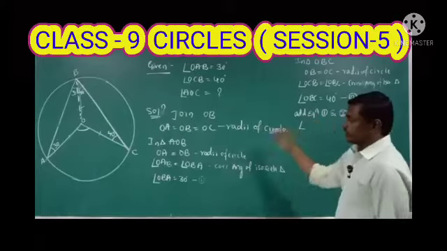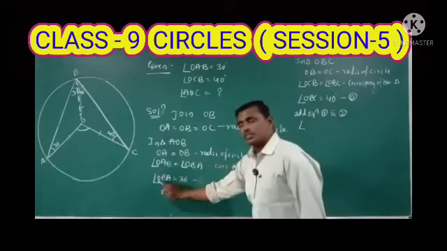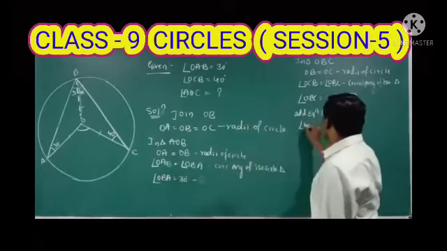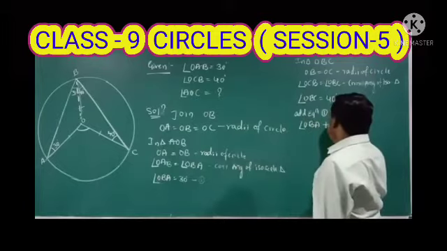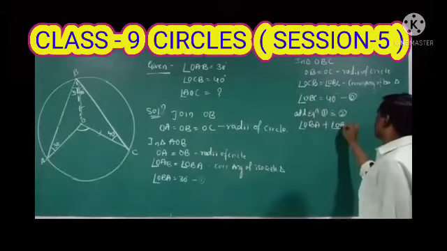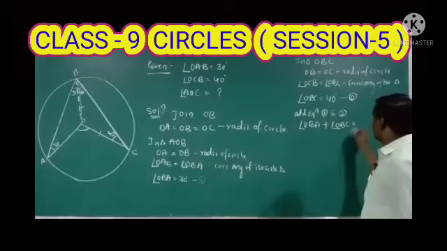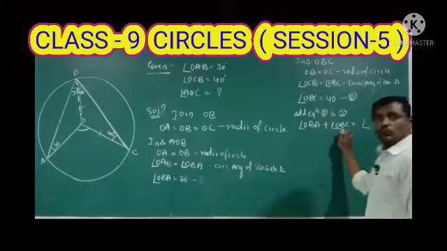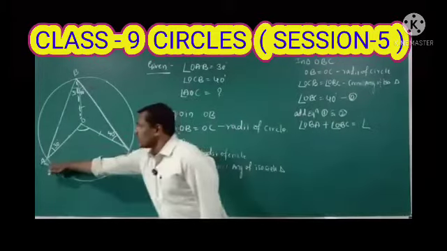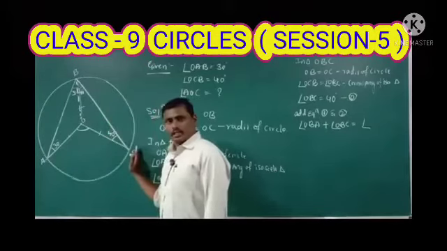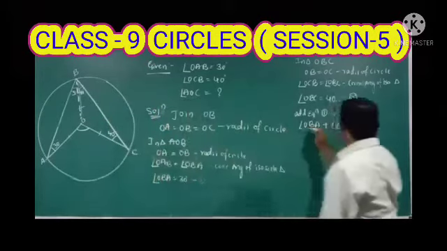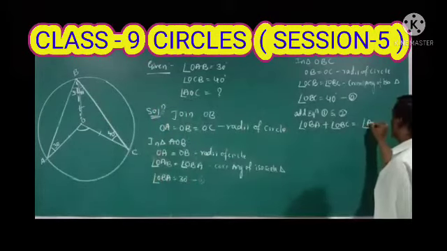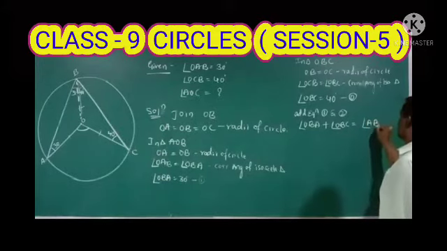Equation 1 is angle OBA plus angle OBC. By adding these two, which angle are we getting here? ABC, right? So by adding these two angles, we are getting one complete angle, that is ABC.